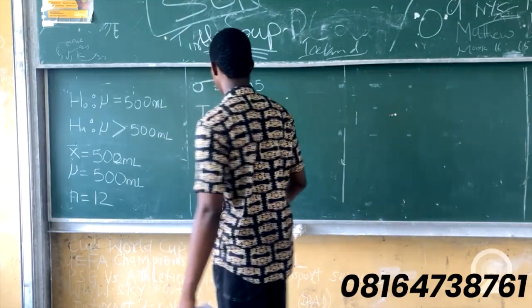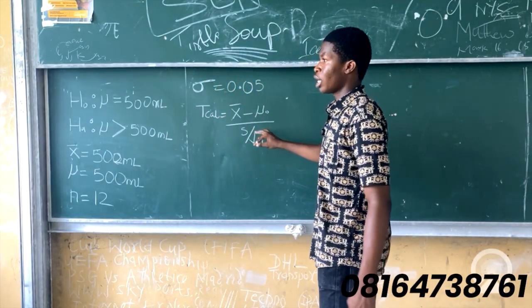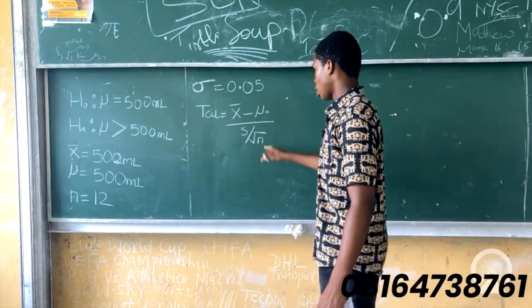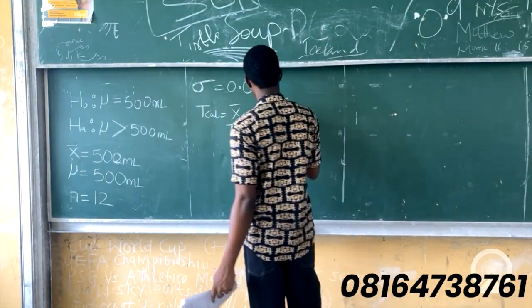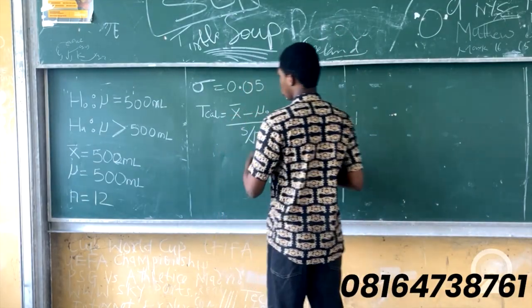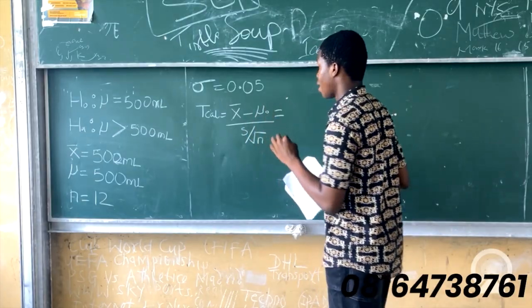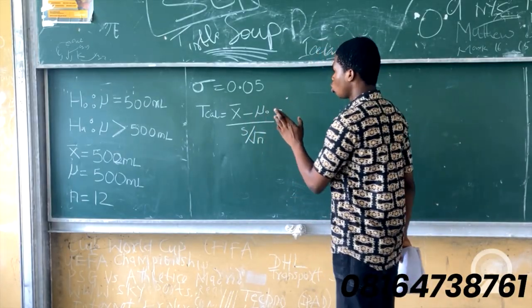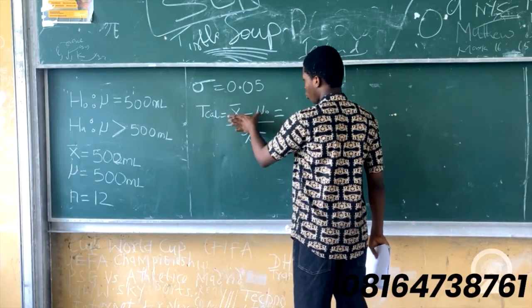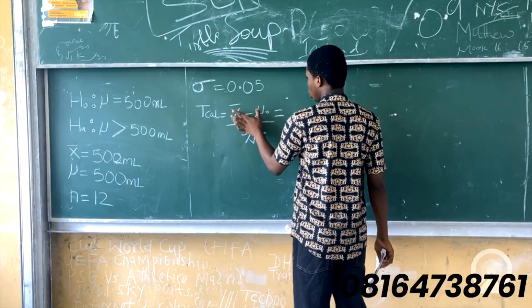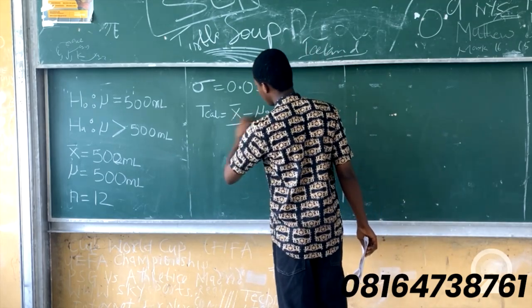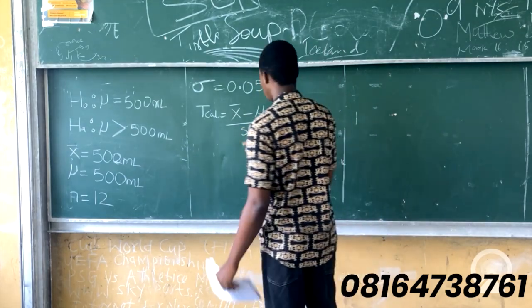We should note that this is the standard error, where n is the sample size. We should also note that for a right-hand test, the numerator usually gives a positive number, but for a left-hand side, it gives a negative number. So that is what we should keep in mind.